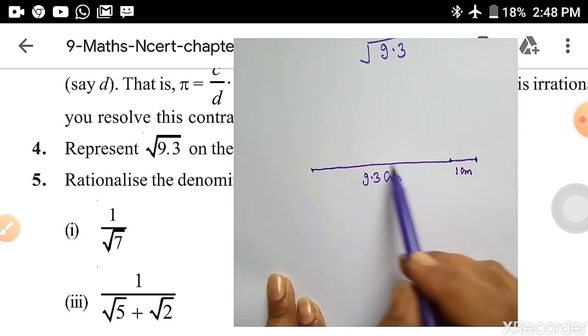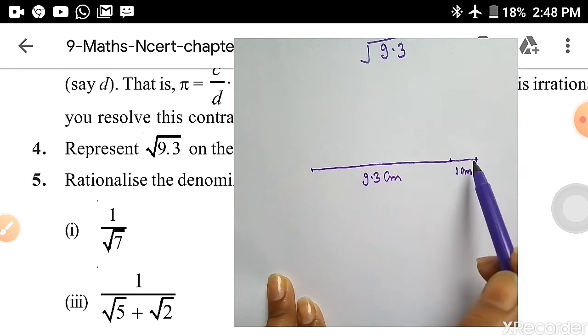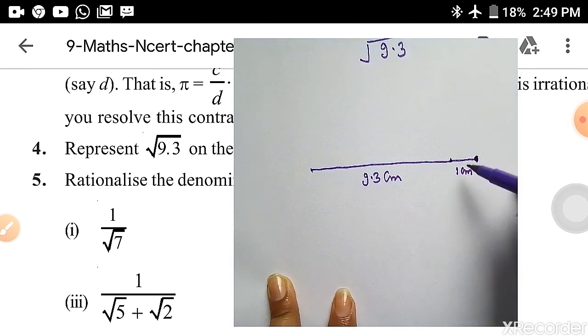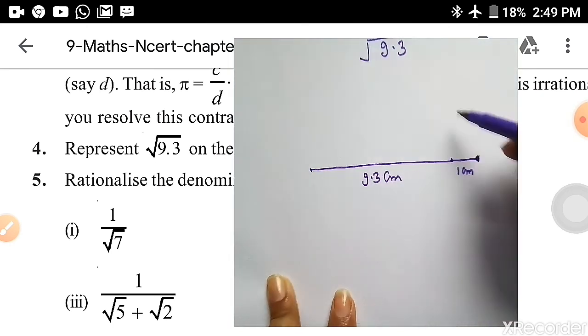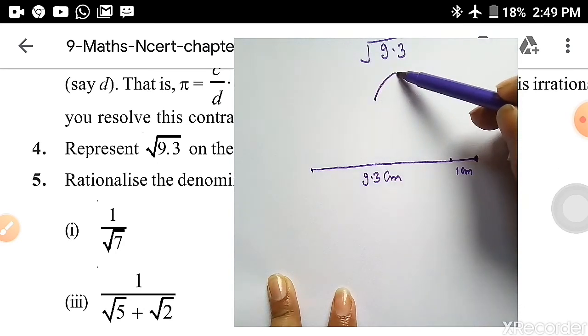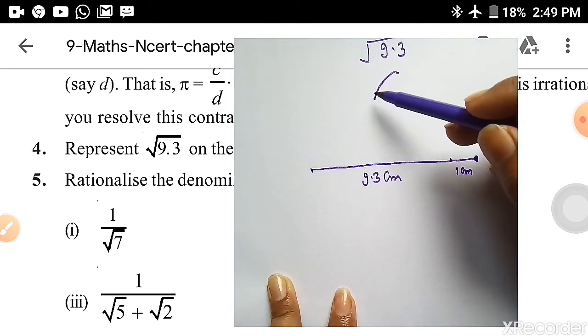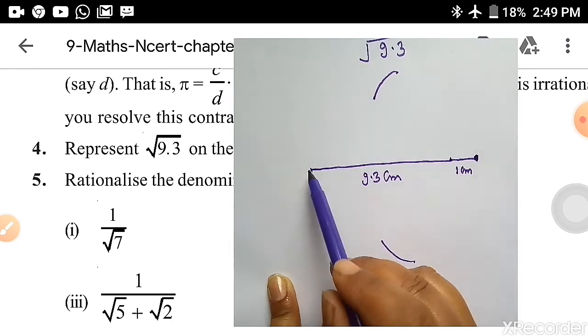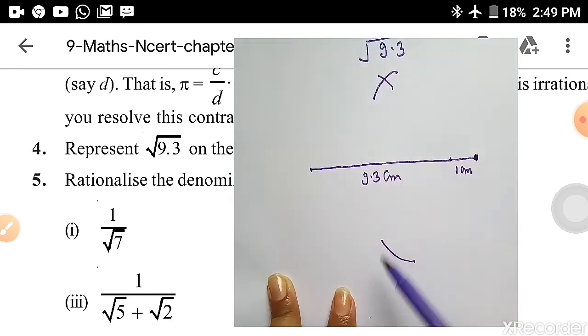Now this line must be divided into two equal parts. For that we take an arc of more than half of this line segment, cut an arc from one end, take the same arc from the other end and cut downward, and similarly cut upward and downward.